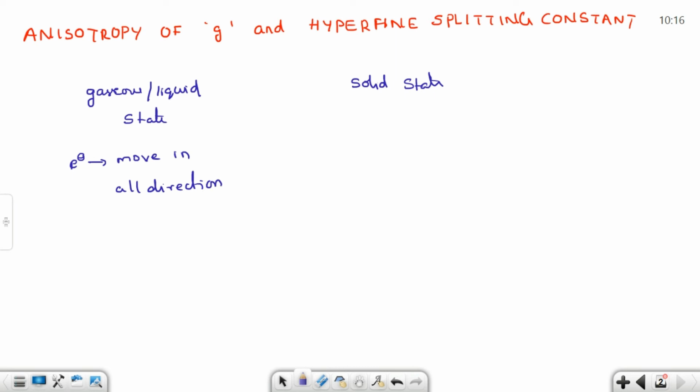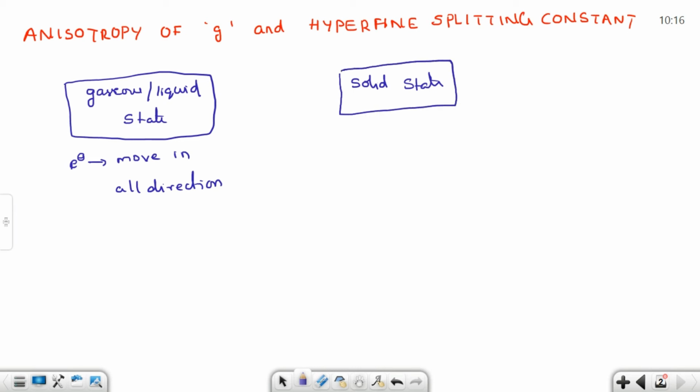That's why the G value is taken as the average G value of all the molecules.